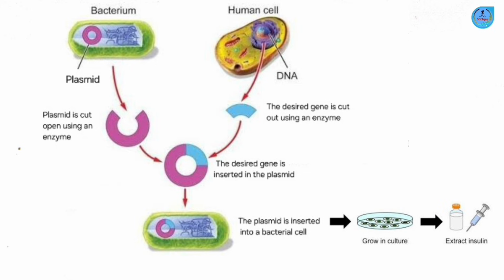As the bacteria grew and multiplied, the human insulin gene started to produce insulin. After a sufficient amount of insulin has been produced by the bacteria, it is extracted and purified, making it safe for use by humans. It is truly incredible how far science has brought us, isn't it?